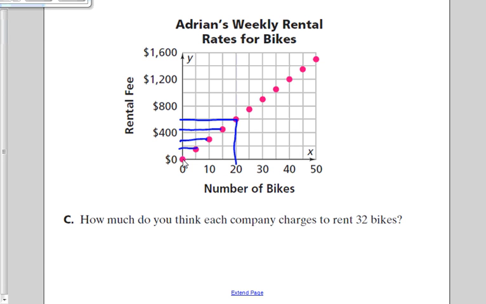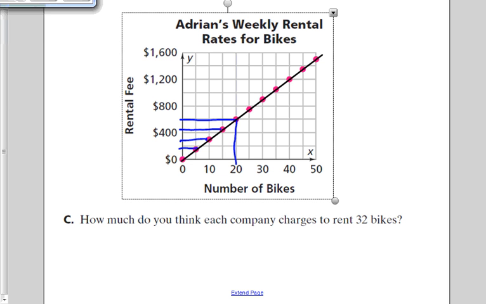What that means is that it goes up at the same pace every time, and if you put a line on there, it's going to be a straight line. Let me show you that. Putting a line on all the dots, they are on a straight line, so that means they are in a linear relationship.